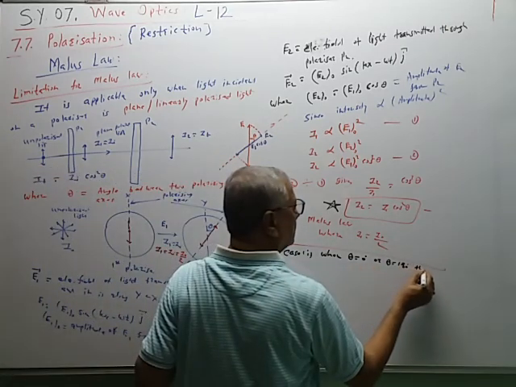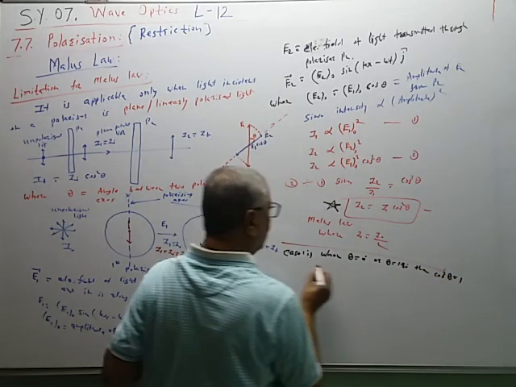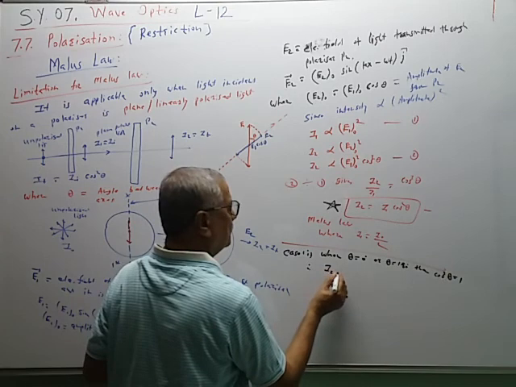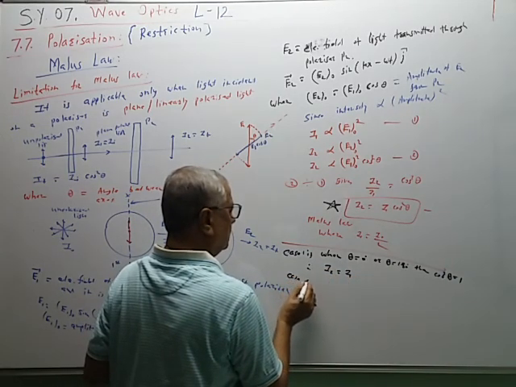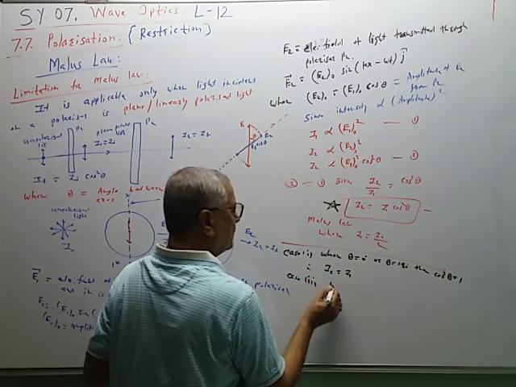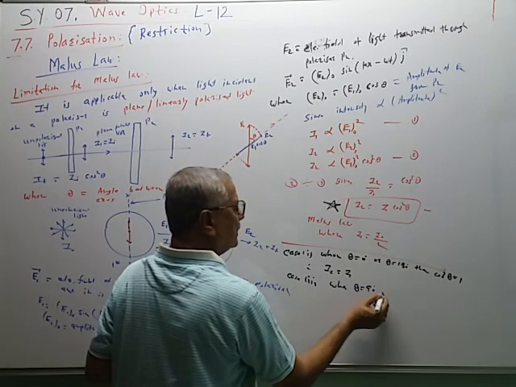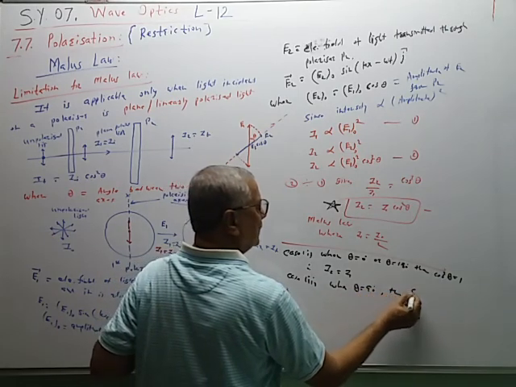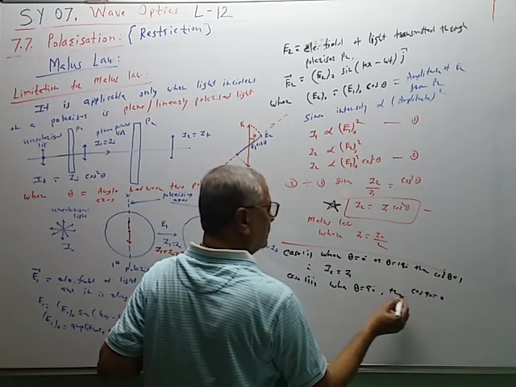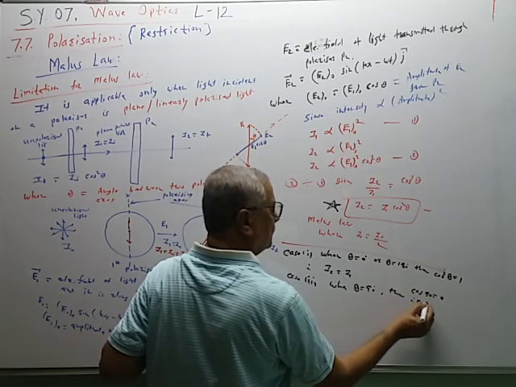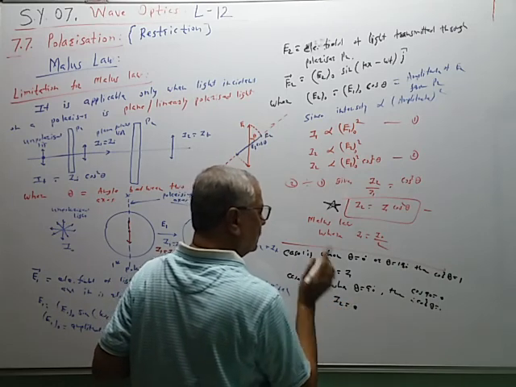Then cos square theta is equal to 1, and therefore I2 is equal to I1. Case number 2: when theta is equal to 90 degree, cos of 90 is 0, therefore cos square theta is 0, and therefore I2 is equal to 0.